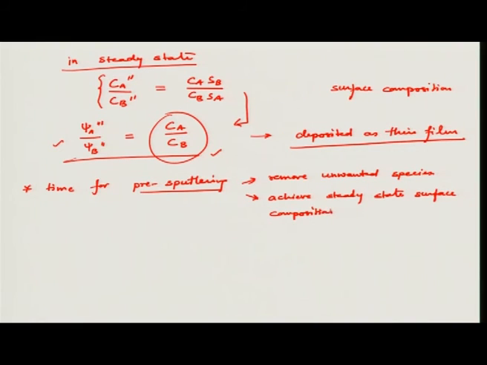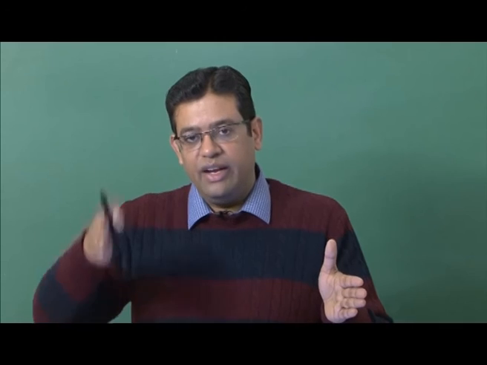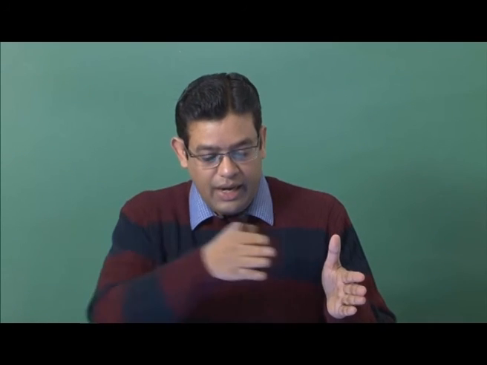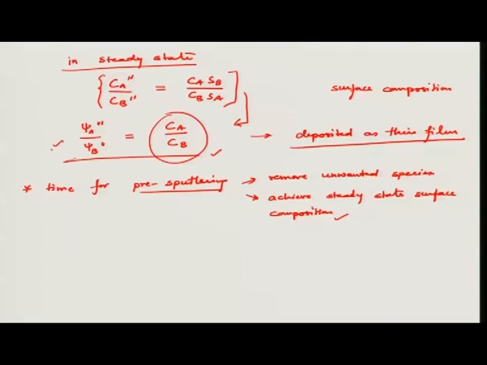It will take maybe a minute or 5 minutes of sputtering to reach this. So the steady state surface composition, which is this, you can calculate what the steady state surface composition would be. Once you reach this steady state surface composition, you can remove the shutter in front of your substrate and allow this flux to be deposited on the surface or the substrate on which you want to deposit the thin film.